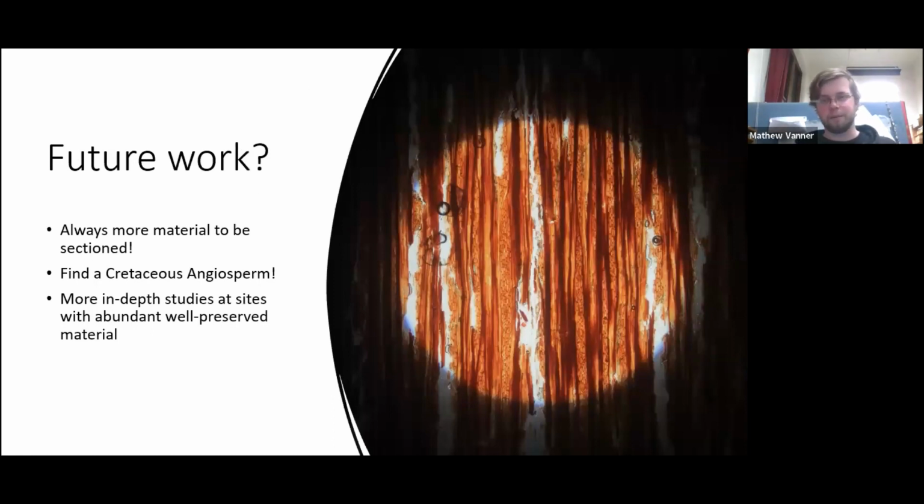So there's lots of room for future work. We can always section more material. Ideally, at some point, I would find an angiosperm from the Cretaceous, because that's when they were starting to first develop and evolve. And ideally, we'd do more in-depth studies at sites with a lot of well-preserved material, like Pitt Island, in the future.